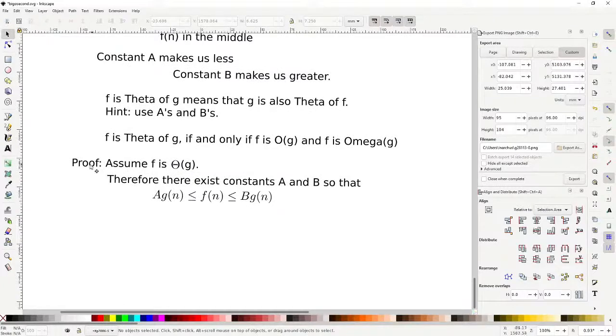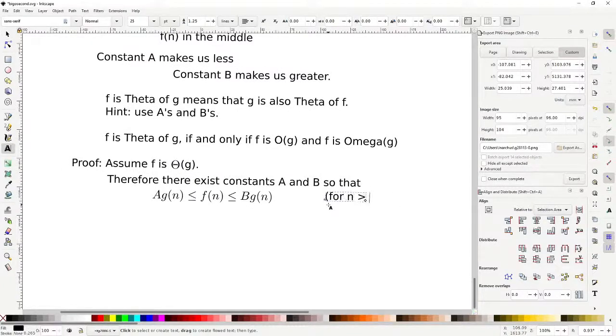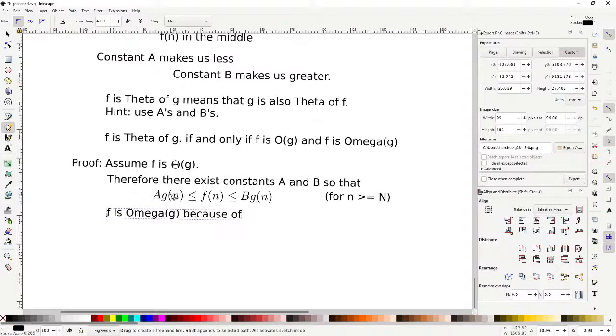So given that there exist constants a and b such that this is true, and you can even say for n bigger than or equal to some n, something like that, then what you do is you say therefore, or thus, or consequently, f is omega of g because of this part of the expression. Because of this part of the expression, that matches exactly with the big omega formula, right?